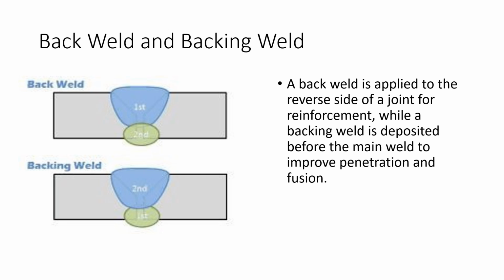With a backing weld, a backing weld is just a weld, and then we put our second weld on top of that. So with a back weld, the back weld is done second, and a backing weld is done first. You can see from our diagram.